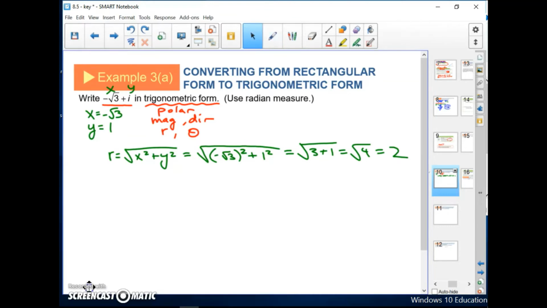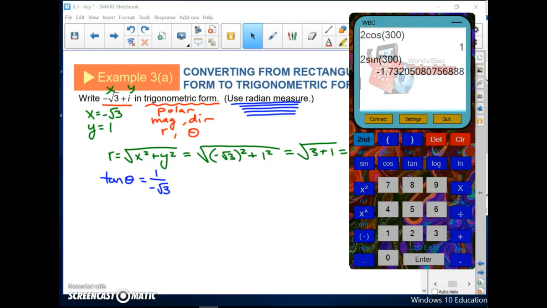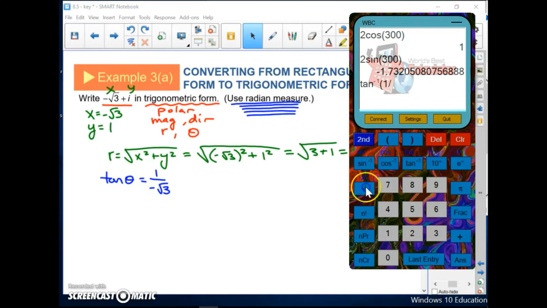Now notice they said they want us to use radian measure. Tangent theta equals y over x. Now, if we were using our calculator, we'd put it in radian mode, and we would just do inverse tangent of 1 over square root of 3.